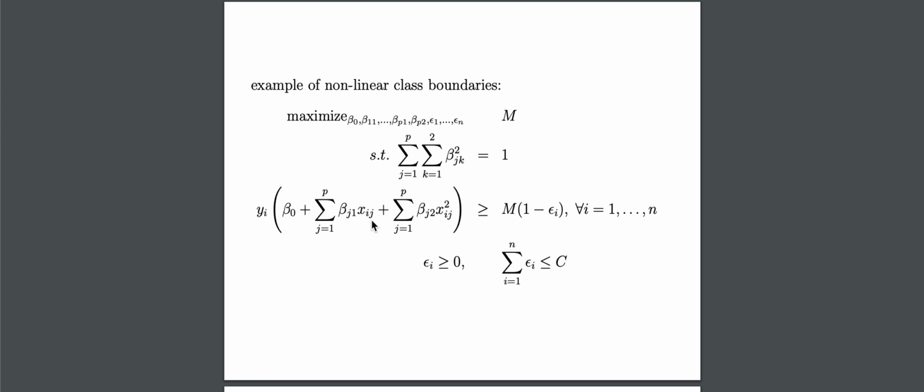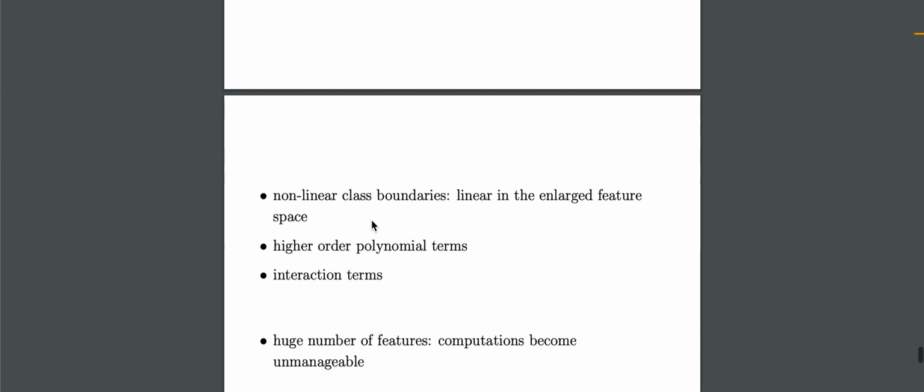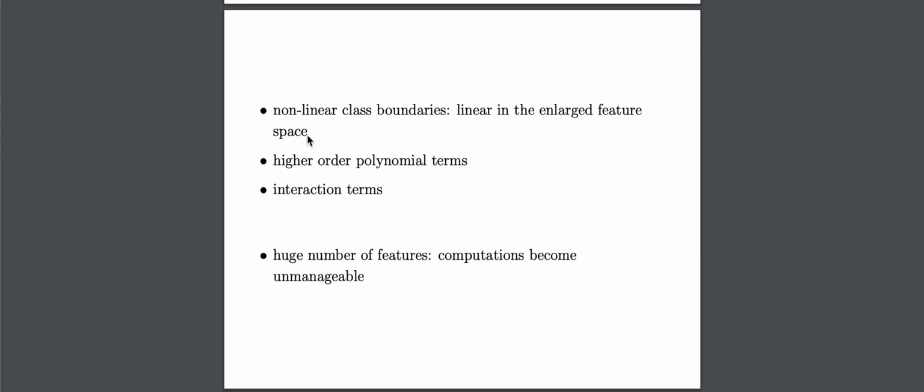So nonlinear class boundaries are essentially linear in the enlarged feature space, and we can make this even more nonlinear by adding higher order polynomial terms, interaction terms. Now the problem is that when the number of features increases, the computations become unmanageable.